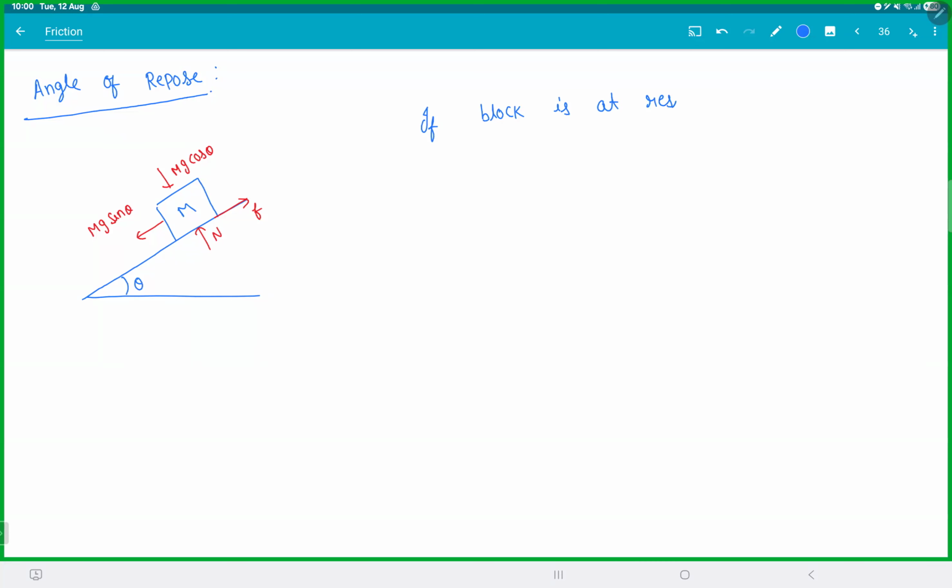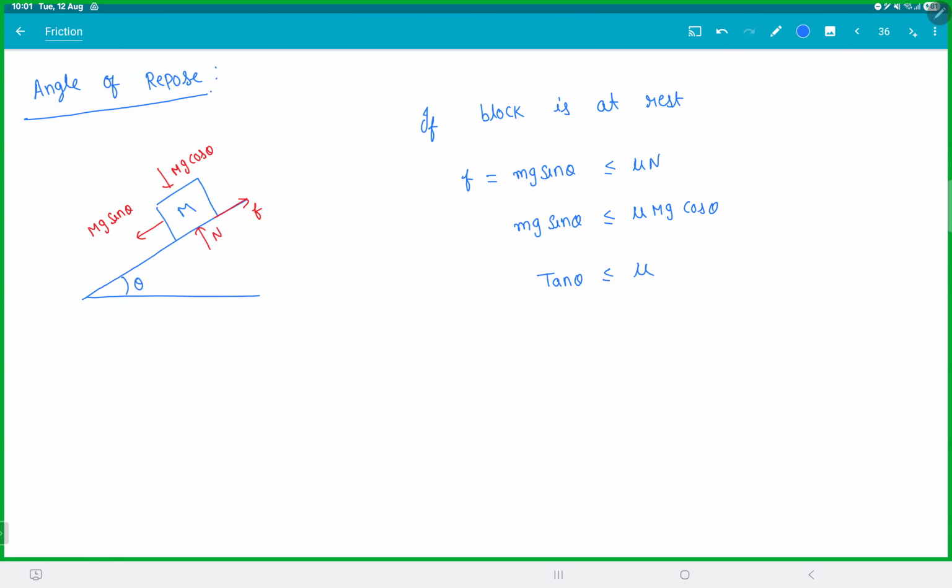If block is at rest, friction is equal to mg sin theta. That's why it is at rest. Friction is balancing mg sin theta, and friction's value should be less than or equal to mu N. So this will be equal to mu into mg cos theta. So from here we will get tan theta is less than or equal to mu.